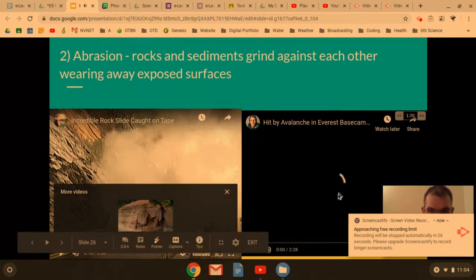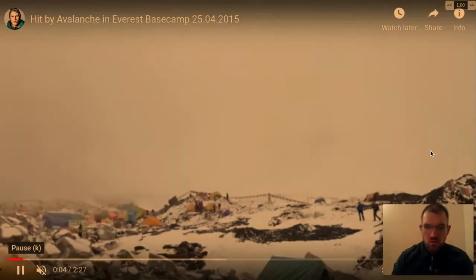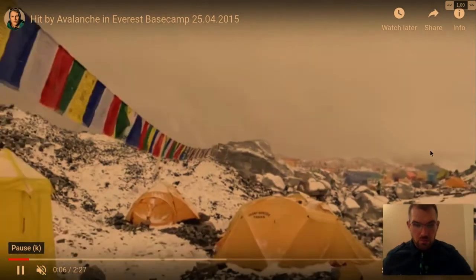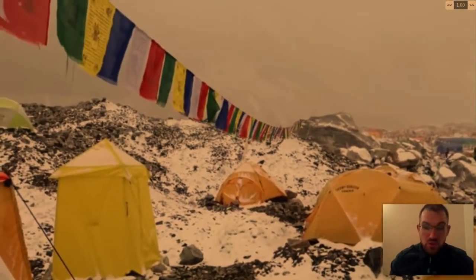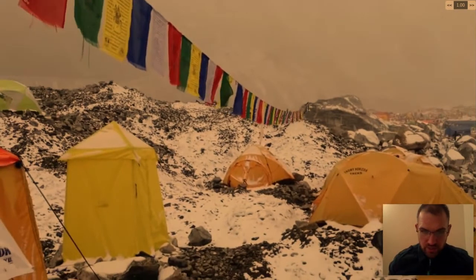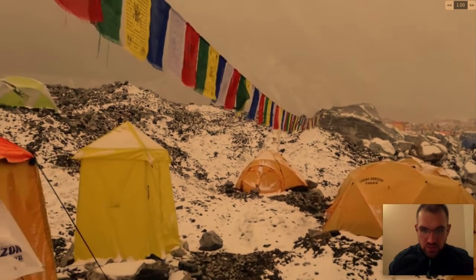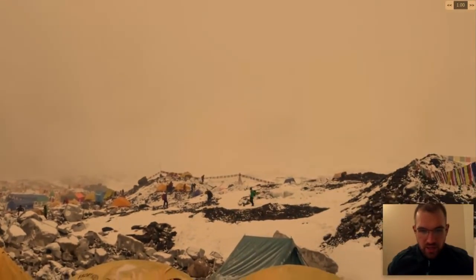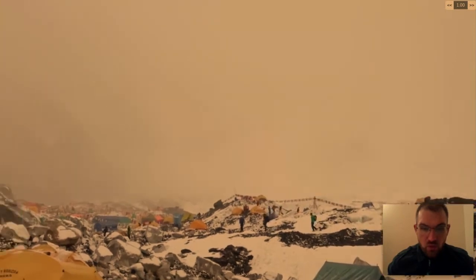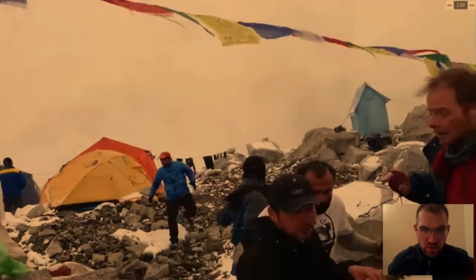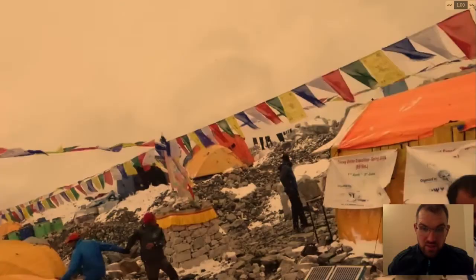And then there's this one. So here's another extreme example of abrasion. Now, I know this is mostly snow, so it's not exactly the same thing, more, I guess, erosion here. But since we are looking at examples of gravity taking things down, moving things, I'm sure there's some rock mixed in here, and you can see people running away very wisely. It's a scary situation here.